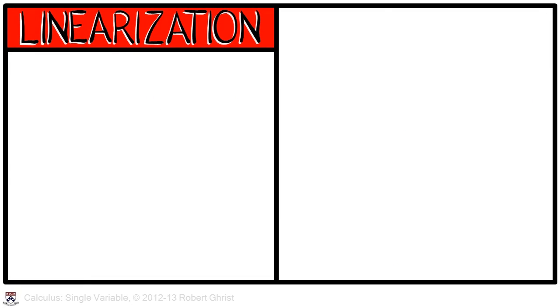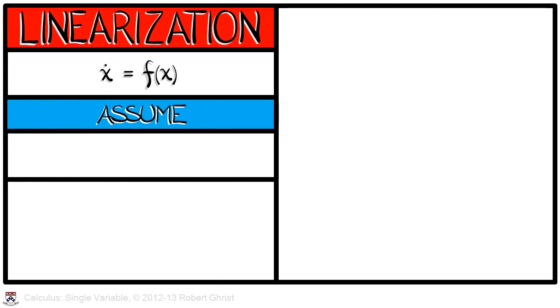Now, we've seen how linearization was useful in predicting a stable equilibrium for our phase equation. How does linearization work in the general case where x dot equals f of x? Well, let's make an assumption that x has an equilibrium at A. Then, what happens if we Taylor expand the equation about this equilibrium?